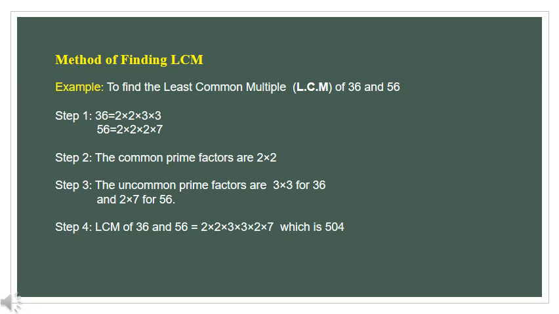After that, in step 2, we take out the common prime factors. Then we'll also write the product of uncommon prime factors. To find the LCM, we multiply the product of common prime factors and the product of uncommon prime factors. So we get the LCM of 36 and 56 equal to 504.